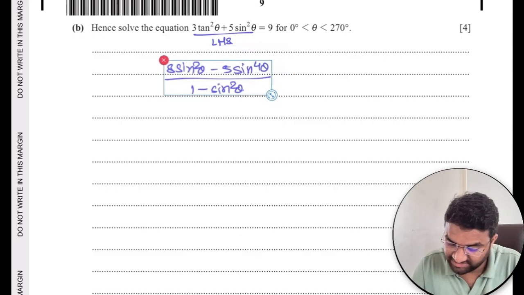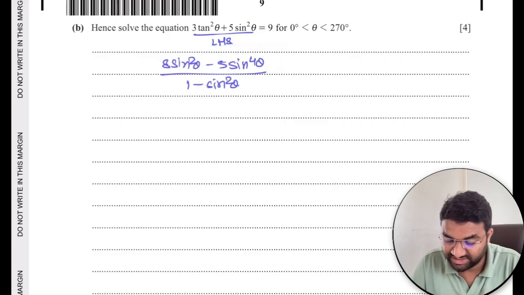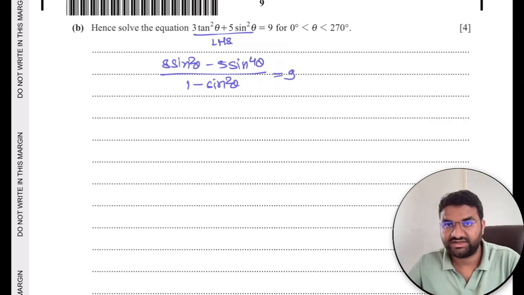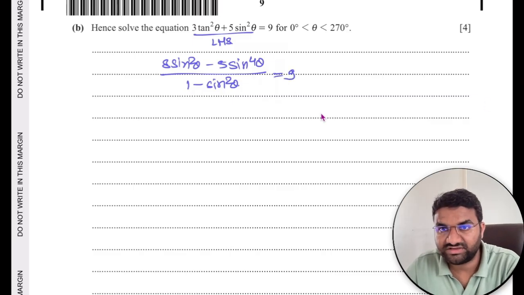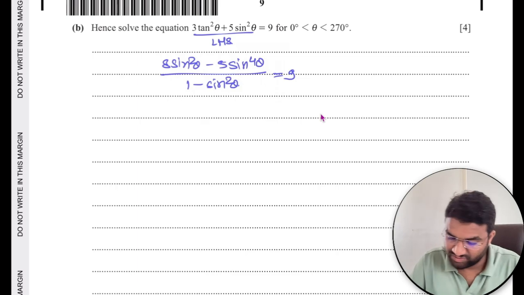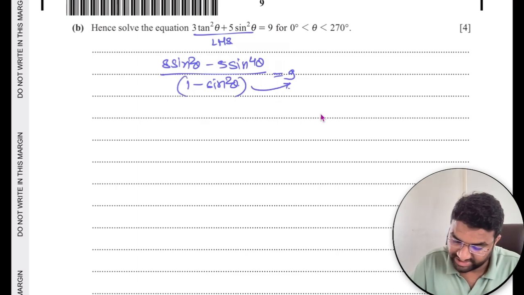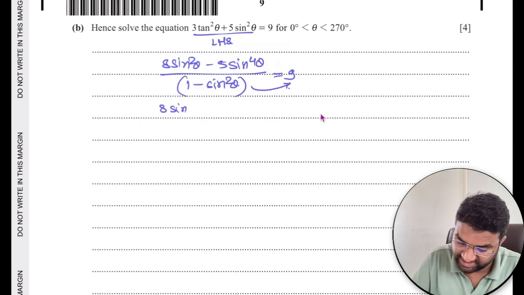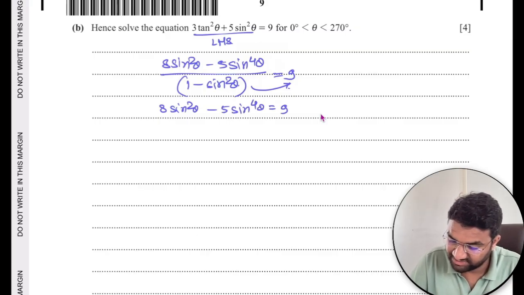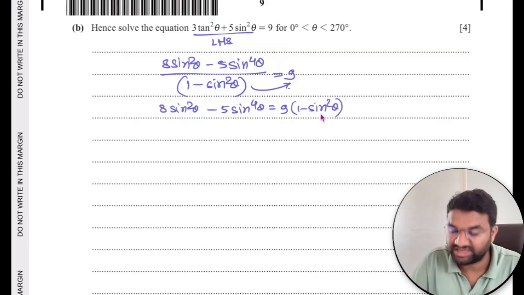So we have 8 sin square theta minus 5 sin to the power of 4 theta upon 1 minus sin square theta is equal to 9. We simplify by transferring this part to the right. So 8 sin square theta minus 5 sin to the power of 4 theta is equal to 9 times 1 minus sin square theta.